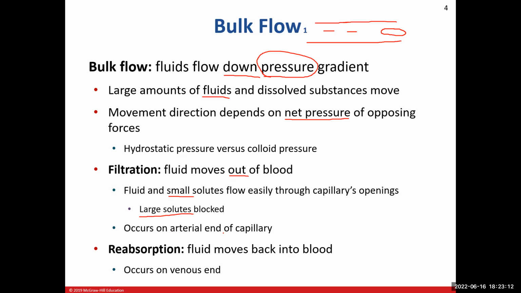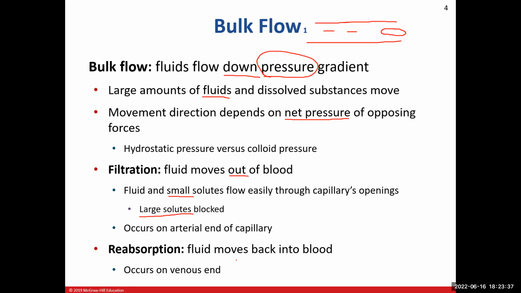Think of capillaries as an exchange site, right, where things are going to move in between your circulatory system and your tissues here. So at the beginning part of that exchange site, that's the arterial end, right? That's where we're going to see the filtration. And then at the other end of your capillary, that's going to be towards the venous end. Right? That's where we're going to see this next term, resorption.